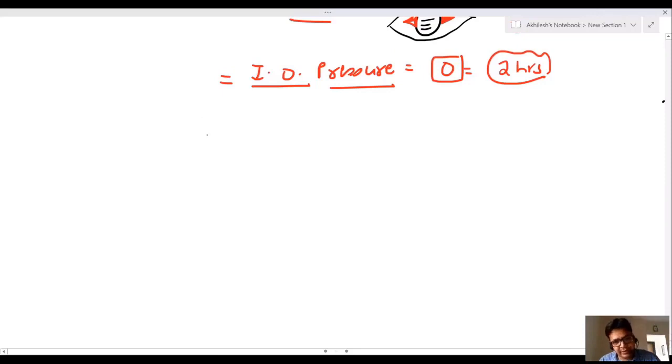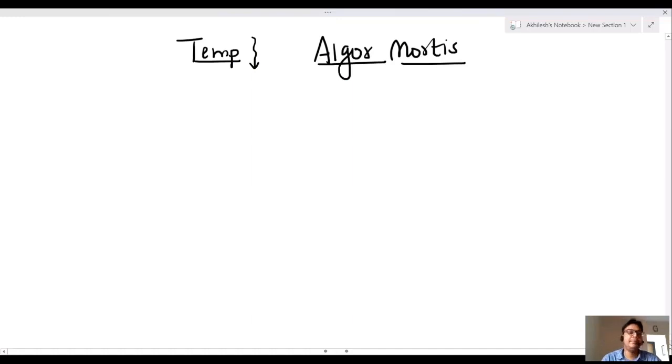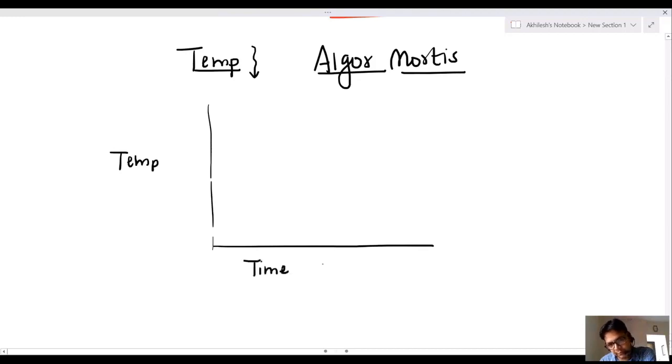So these are the changes. Now I am coming to, sir, after death, temperature decreases. This phenomenon is known as algor mortis. Now, if you see the graph between temperature and time since death, you will see the graph is just like this.